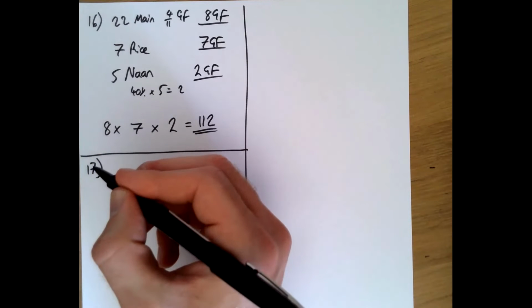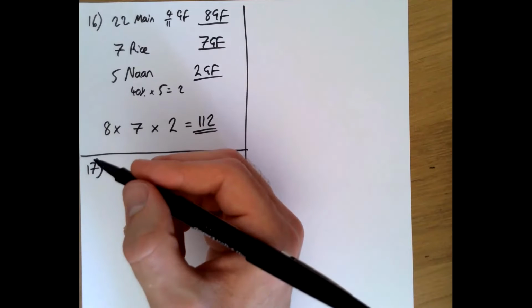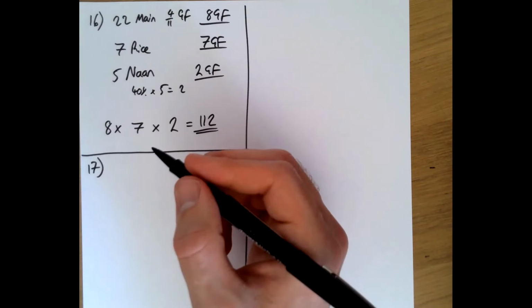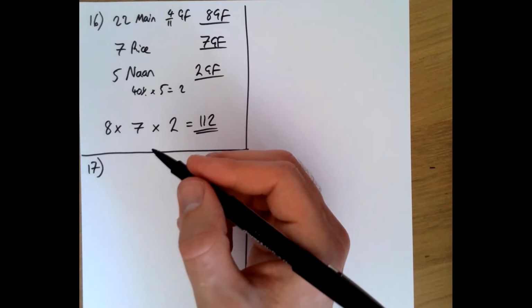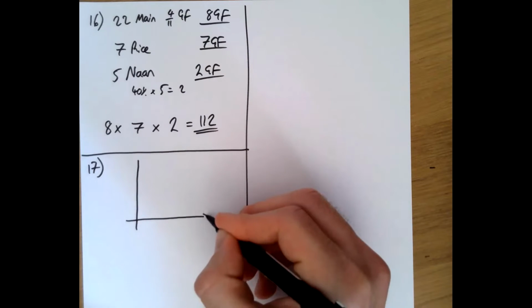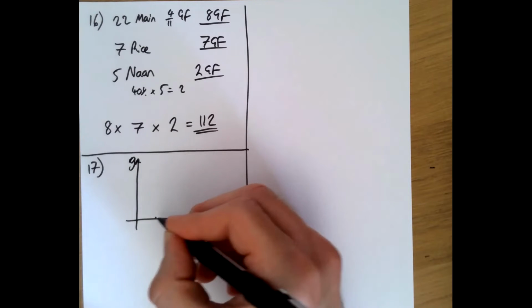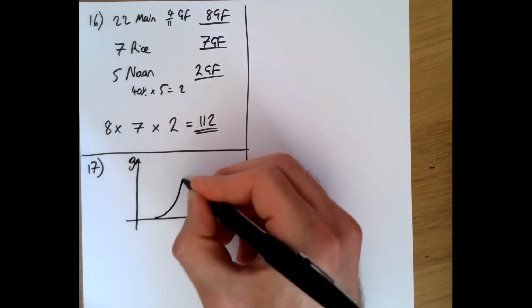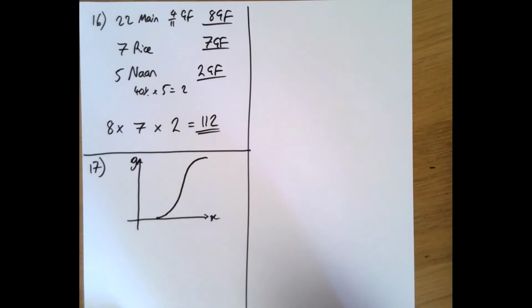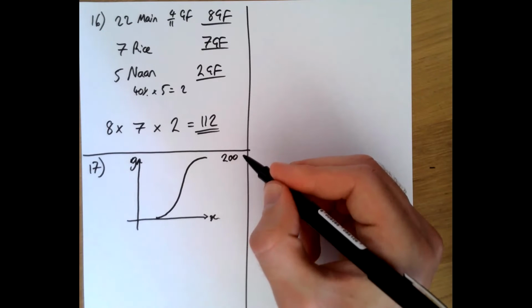Number 17. Cumulative frequency. Again, you just got to practice these. They come up quite frequently. So we've got X and we've got Y up here. Cumulative frequencies have this really characteristic S shape. Now there are 200 apples and we want to work out the median.